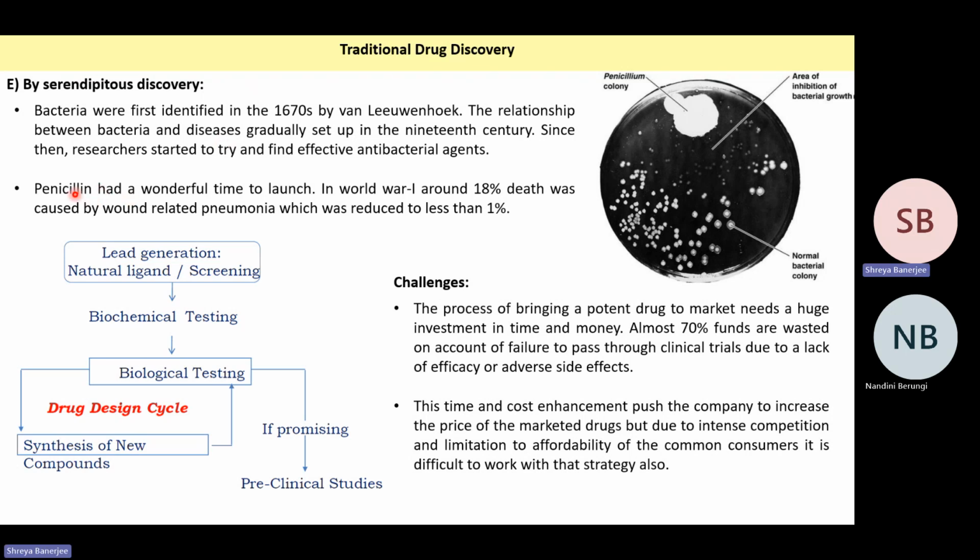So the discovery of penicillin was completely by luck, and that is why it's called serendipitous discovery. In World War I, around 18% death caused by wound-related pneumonia was reduced to less than 1% by penicillin. And such an incredible drug was discovered completely by accident, when it was observed suddenly that wherever there was penicillium, the bacterial growth was inhibited.